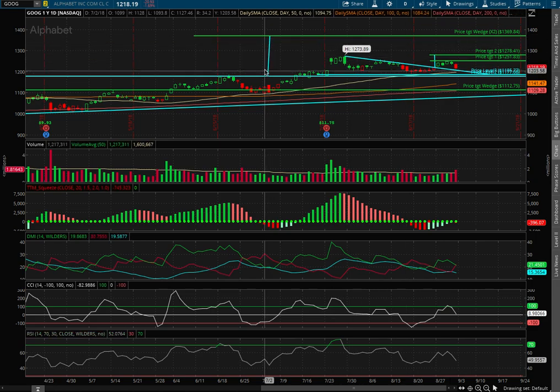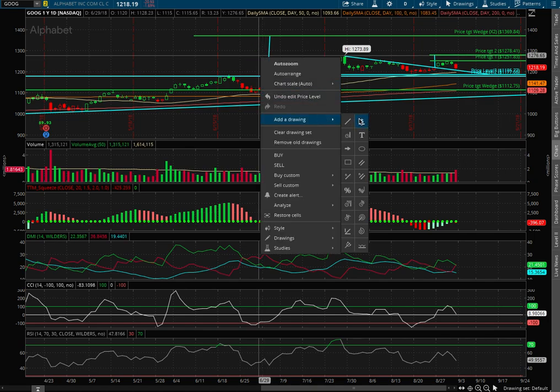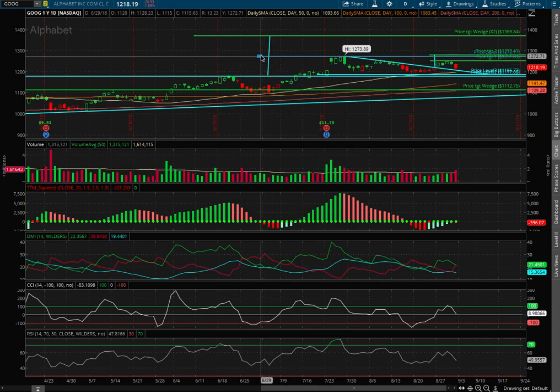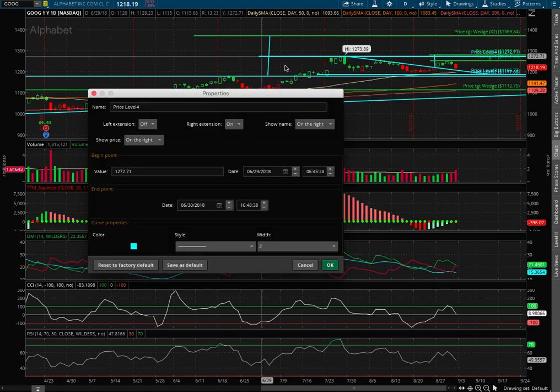So for this wedge here, if I would cut this in half, I would be about here. That's 50%. It's about 50%. So this would be my price target 2 for my wedge.